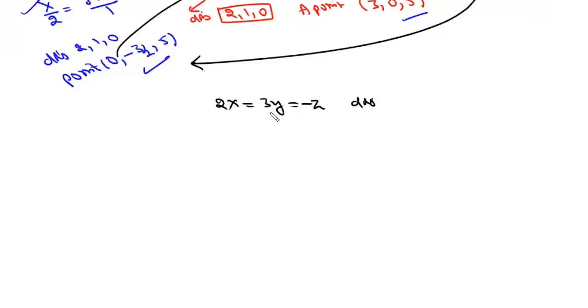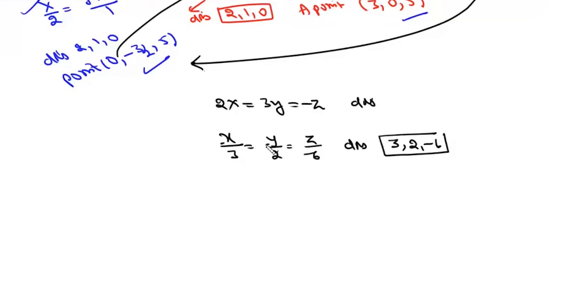Now the LCM of 3 and 2 is 6. So we'll divide everything by 6. So we can write x upon 3 equals y upon 2 equals z upon minus 6. So direction ratios of this line are 3, 2 and minus 6.